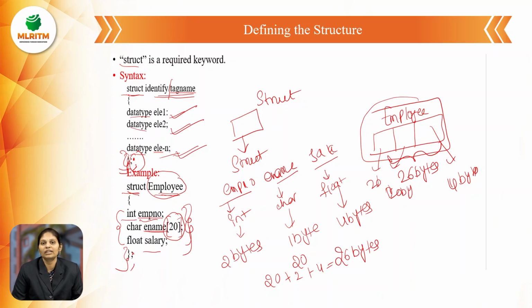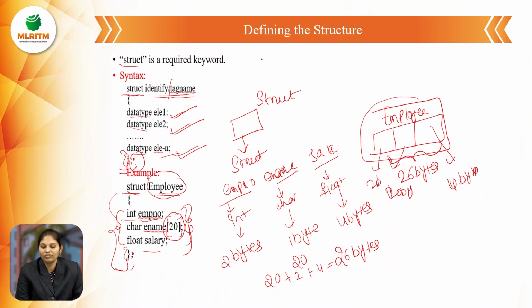Individually, it allocates the memory in a structure. The most important point is memory allocation. In a structure, memory is stored individually, and we can use different data types like integer, character, float, double, and long double.